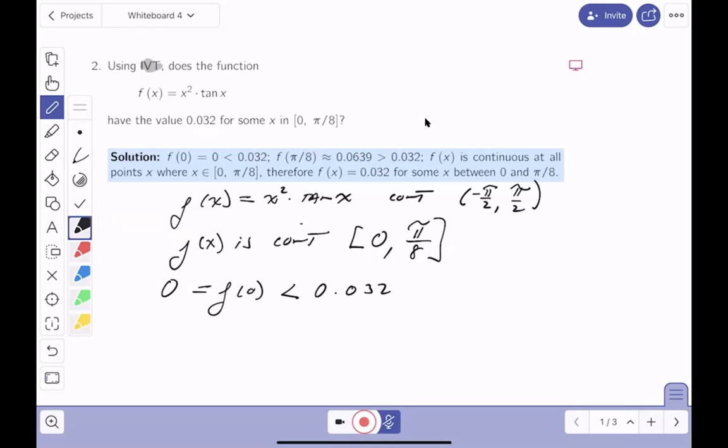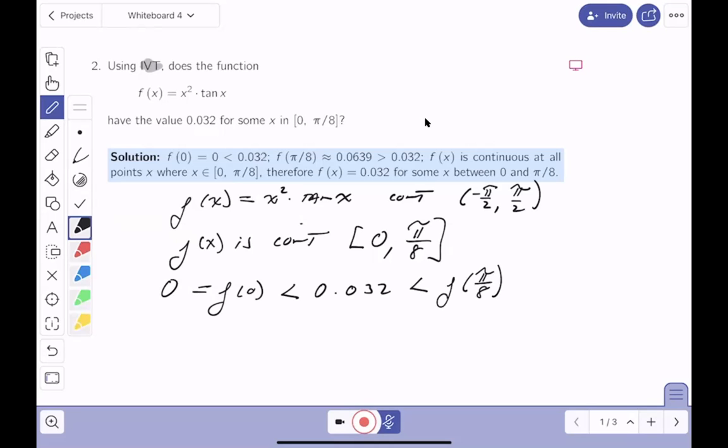But now I've got to start to worry about that pi over 8. All right. And that's tough. So I'm going to make a stab at it, and what I'm going to do is say f of pi over 8. But here's my problem.